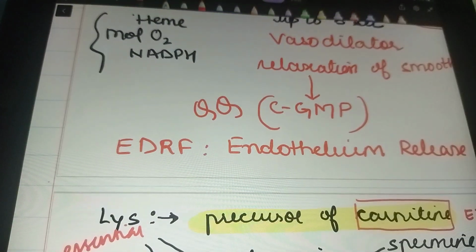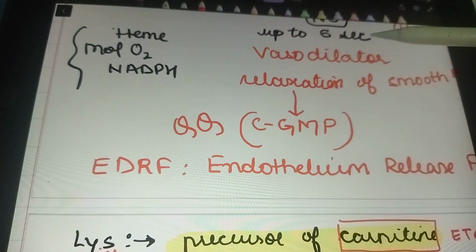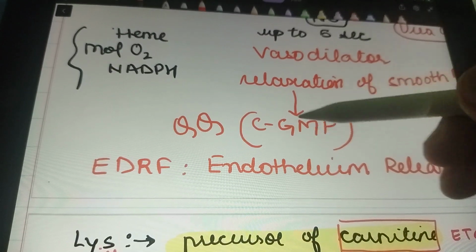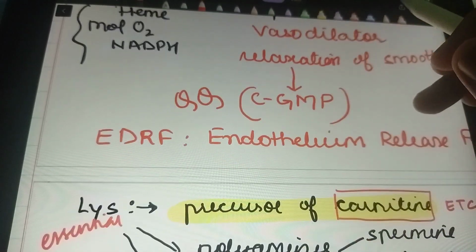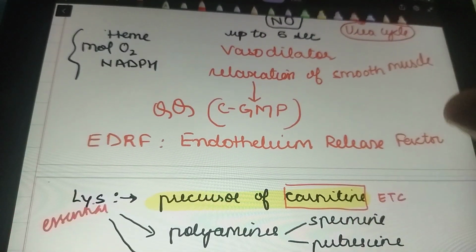So that's a useful part of nitric oxide, which is formed from arginine.